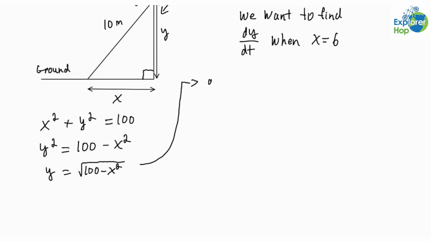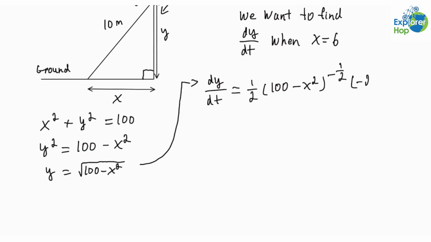So we get that dy over dt is equal to 1/2 times 100 minus x squared to the power of negative 1/2, which is the power rule, then times the derivative of 100 minus x squared with respect to x, since we're applying the chain rule.